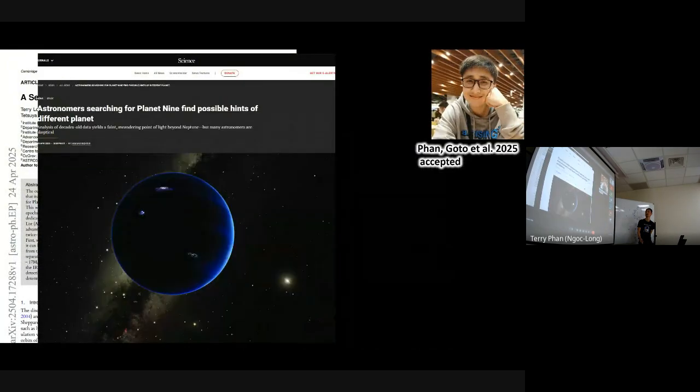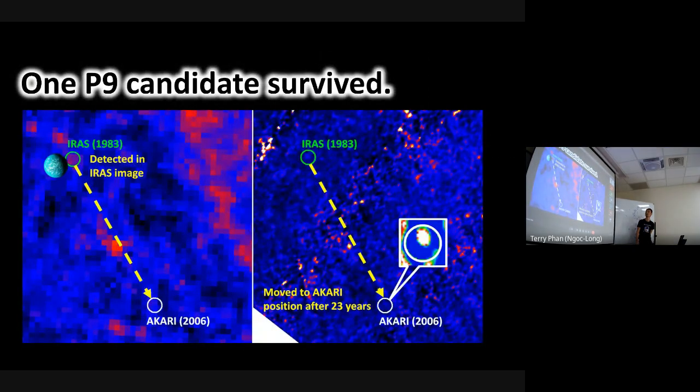On the other candidates, after 23 years, we still see the IRAS detection, so it means that they are not moving sources. So that's why we reject them. So here you can see in 1983 we see the detection here, right? And then after 23 years, it disappeared. So that's why we consider it should move from the IRAS position to the Akari position. But other candidates are still at the same position after 23 years.